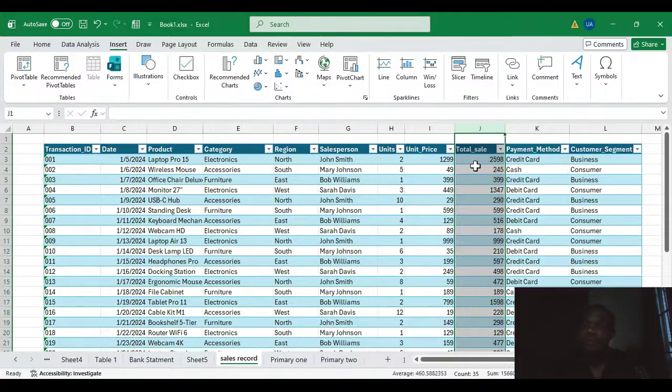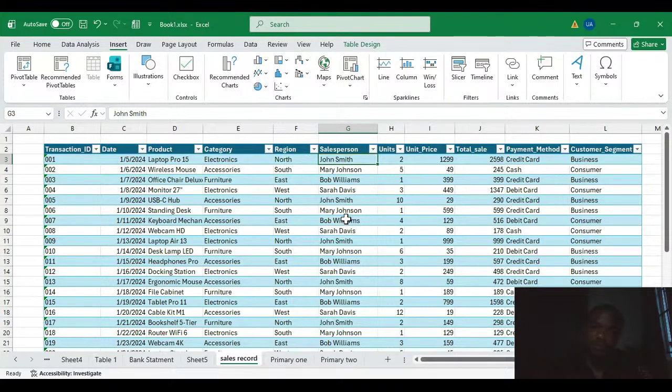Now this total price is going to be the unit price multiplied by the number of units the person sold, which in this case is 250 or 2,598. This is one of the places John Smith sold.